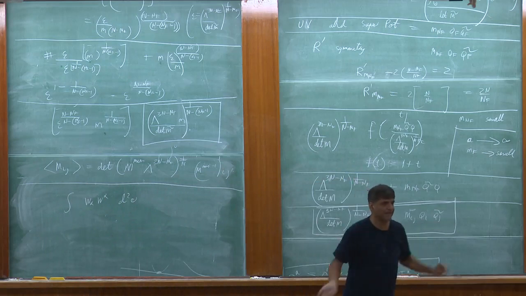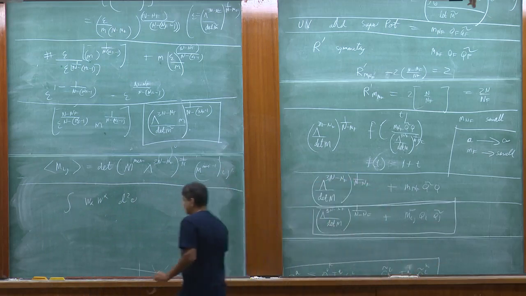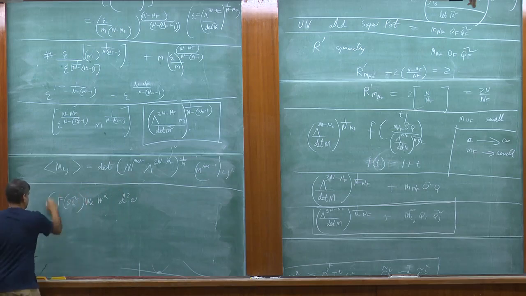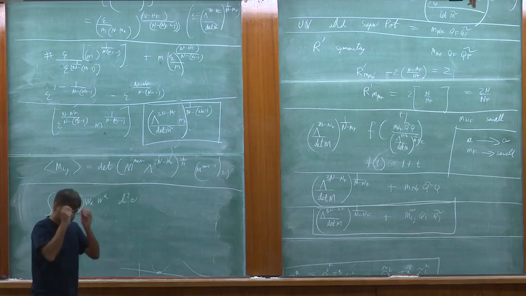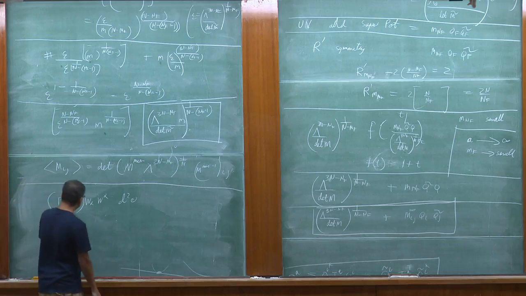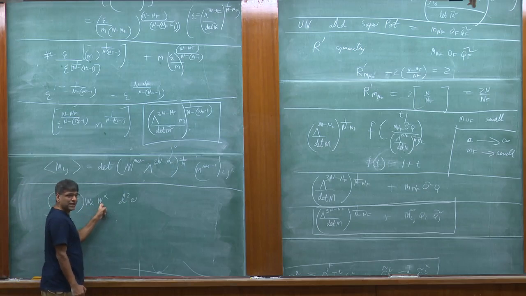There will be some derivative correction kind of thing. The kind of thing that you might want to multiply by is a function of Q and Q tilde. Now, the terms that involve the potential here always involve a D squared.